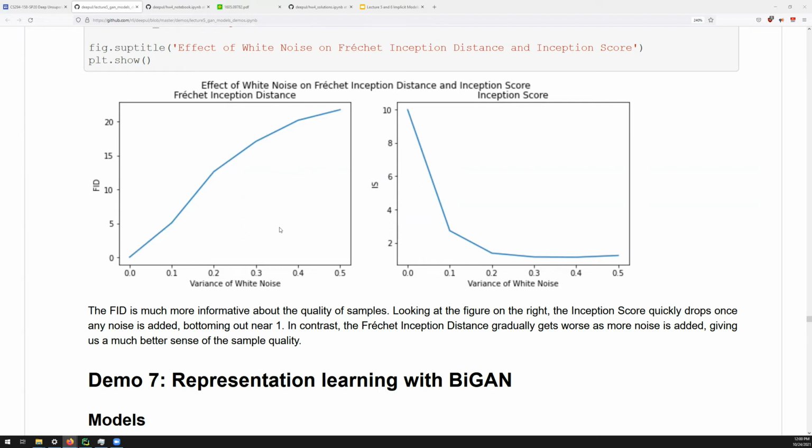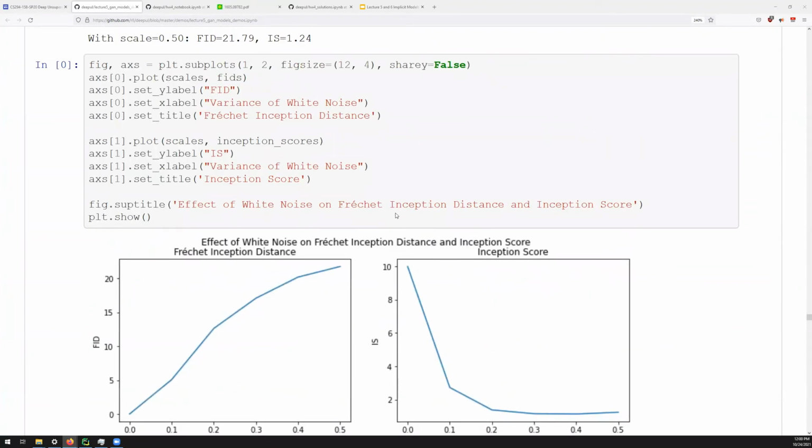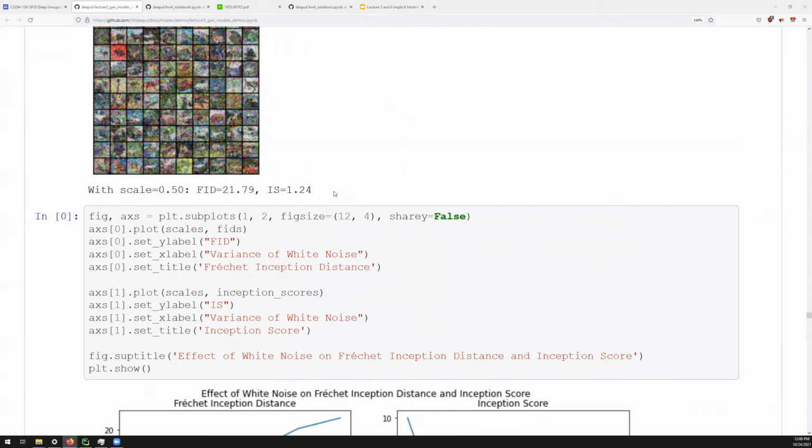With more white noise, you can still see that the quality is decreasing instead of just saying can't tell the difference at the end. There's more nuance. So yeah, that's all there is.